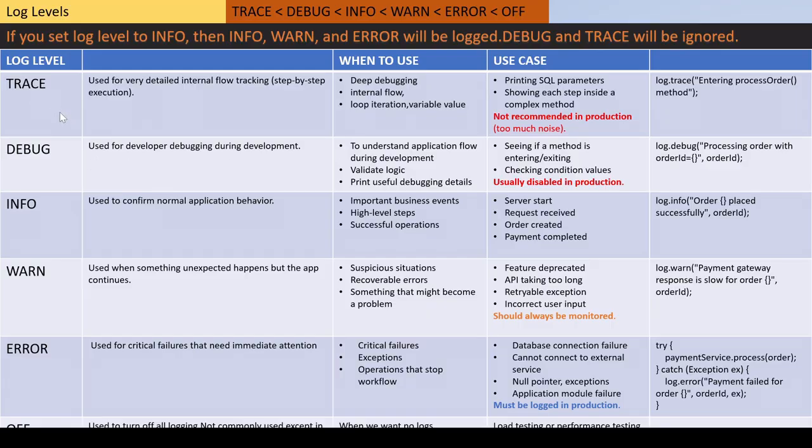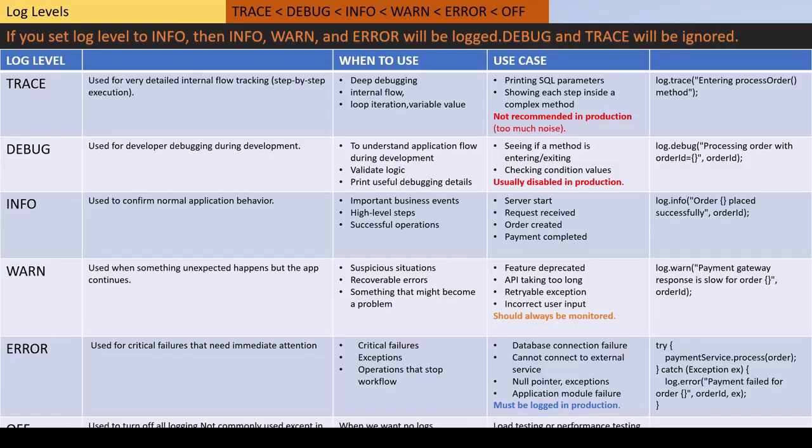Now if you see log level trace, when are we going to use it? Whenever we need to understand each and every step of the execution flow. For example, a create functionality, create user. Let's understand how the user has been created, step by step: the user enters, the execution flow starts, then the user data is validated, the mobile number is validated, the email id is validated.